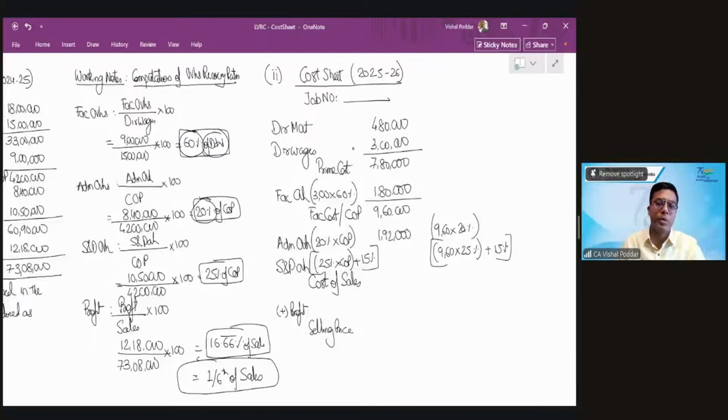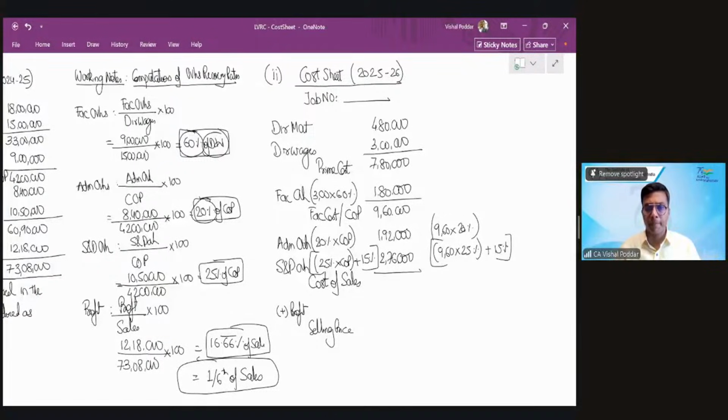So how much will it be? 240, correct? 240 and 15% of 240 is 36. So 276. Am I correct, students? Kindly confirm. Perfect. So this is 276.